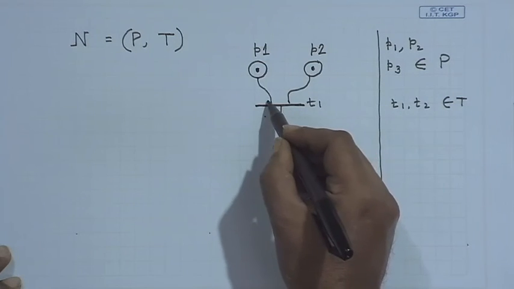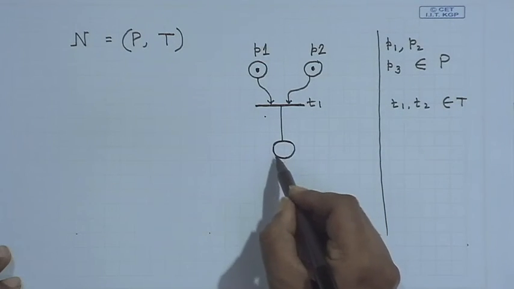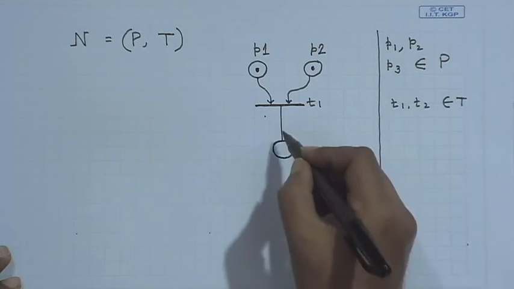These are the input places of T1, this is the output place of T1.